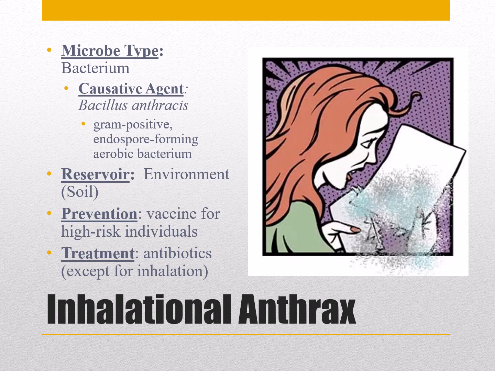Last but certainly not least is anthrax. Now, you might be saying, but Rachel, we've already talked about anthrax. Why, yes, my students, you have with cutaneous anthrax, but there are 3 possible ways for anthrax to get into our system and cause a problem. We talked about cutaneous anthrax with that first disease section with the skin.